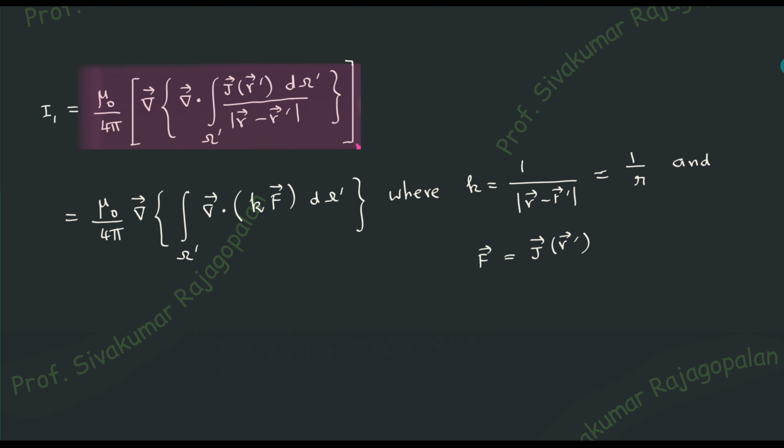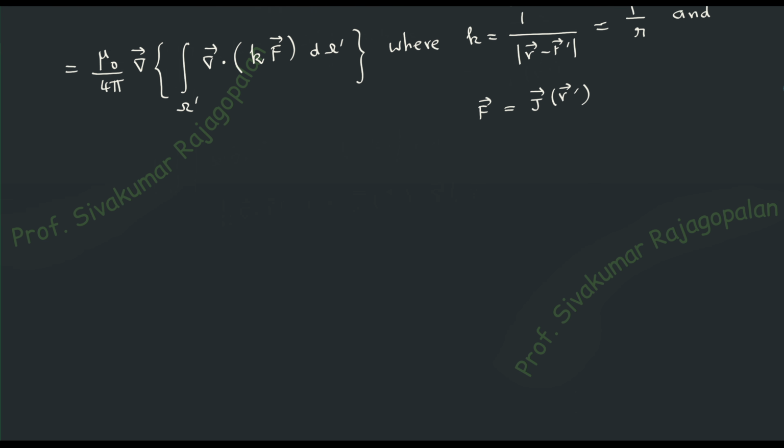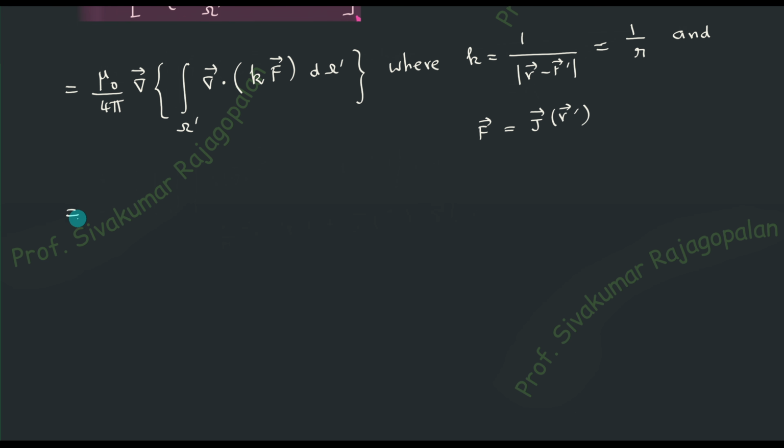Once you have this, let us simply expand it. Expand means the product rule, since you have the divergence of a product. Let us expand it as two terms, the UV rule, the product rule.